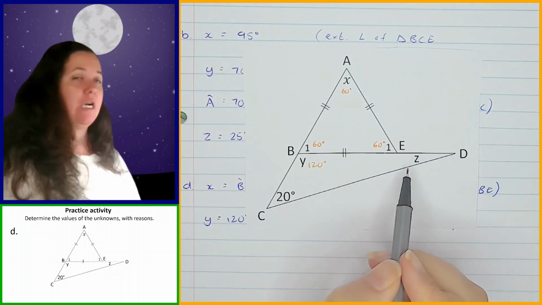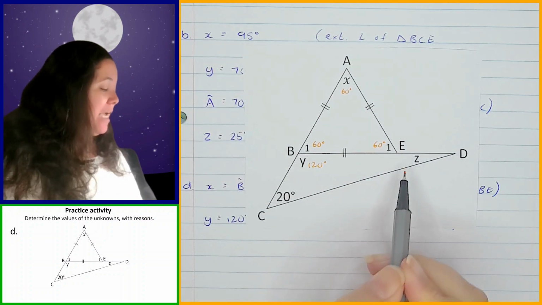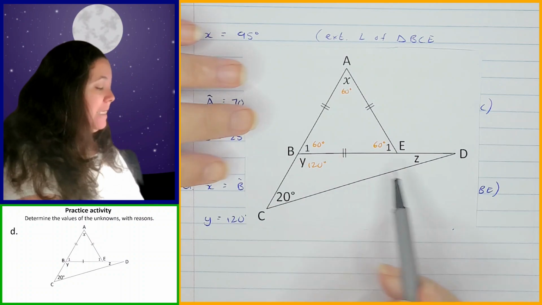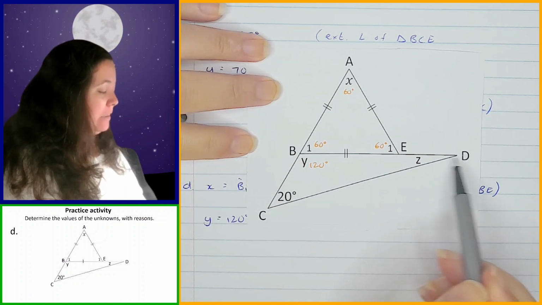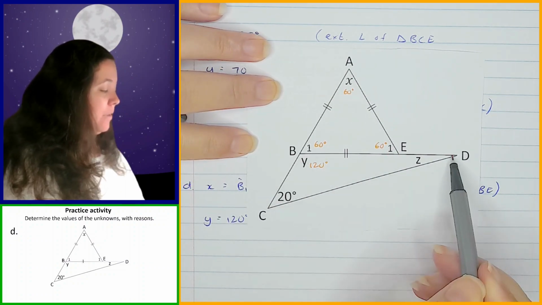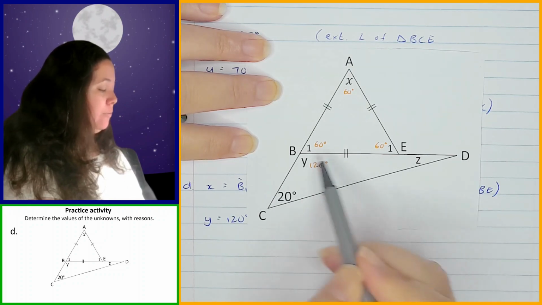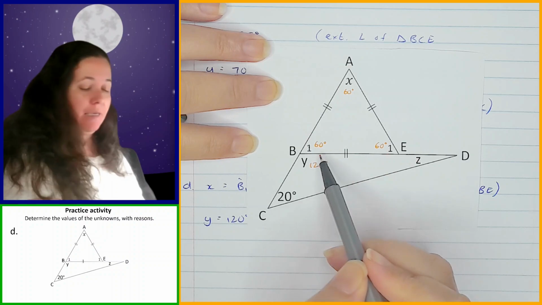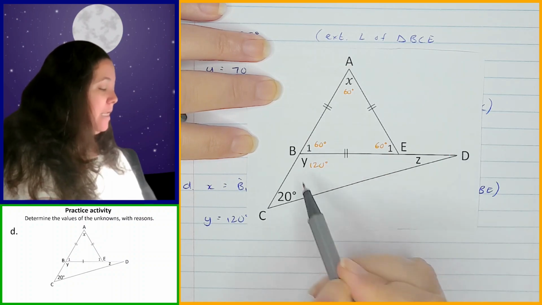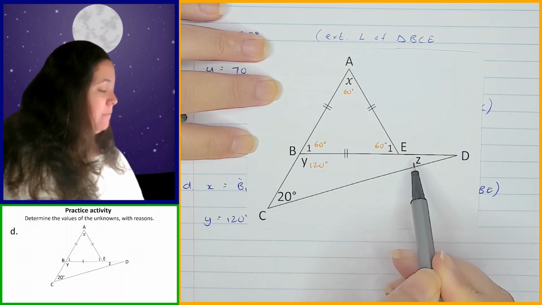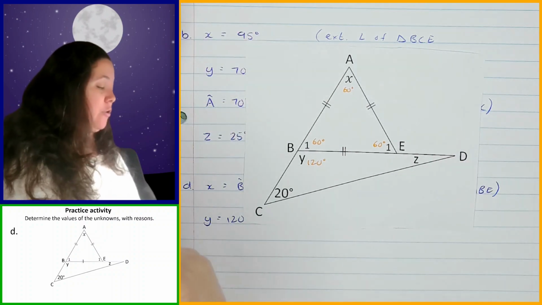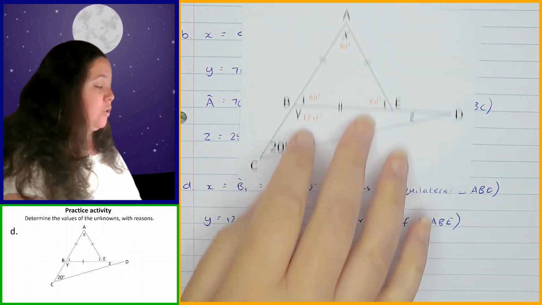Now I'm going to go and work out what z is. Now again, I have two options. I can work with the interior angles of triangle BCD, or I can work with the exterior angle of triangle BCD, because this angle B1 over here is an exterior angle and it must be equal to that plus that. So you have two options here again. Okay, it doesn't matter which one you use.